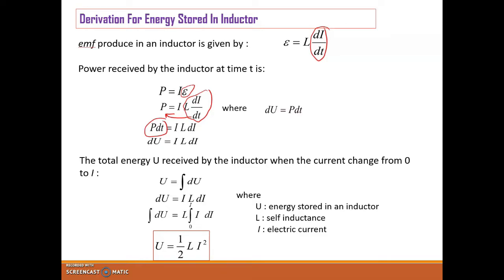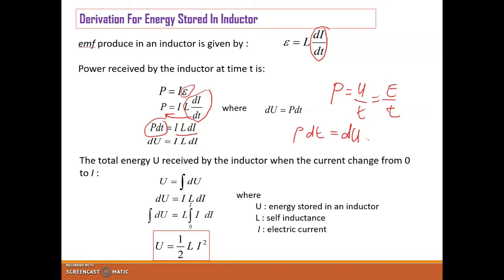So here we know that power is the rate change of energy, or E over T. So we have P dt is also equal to du, the change of energy. So P dt is equal to IL di.